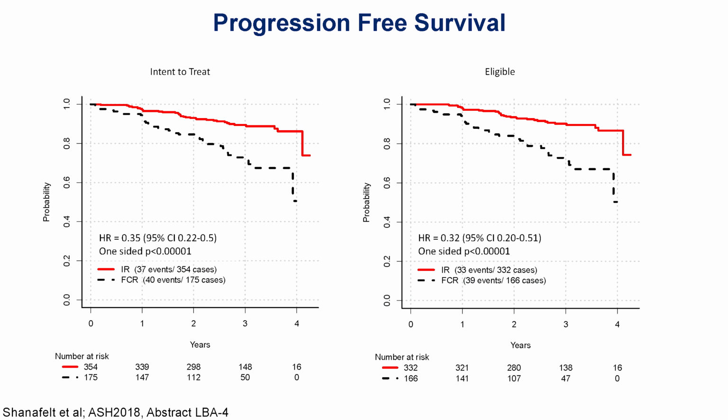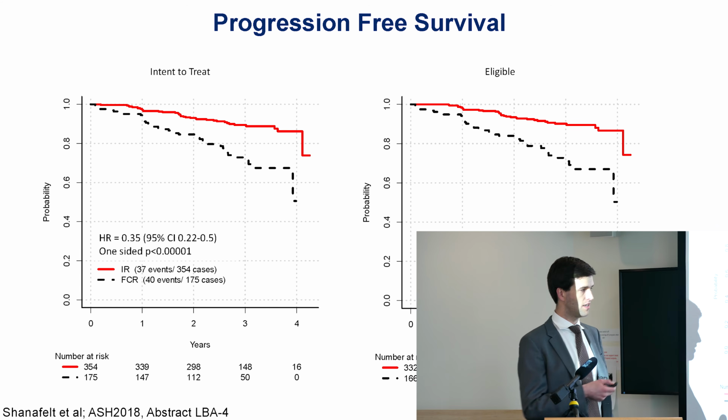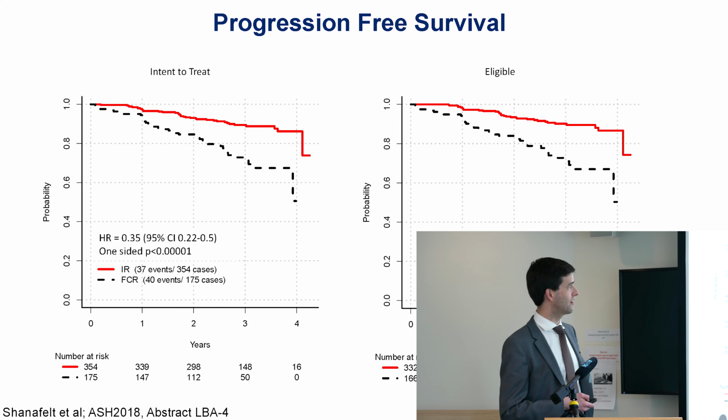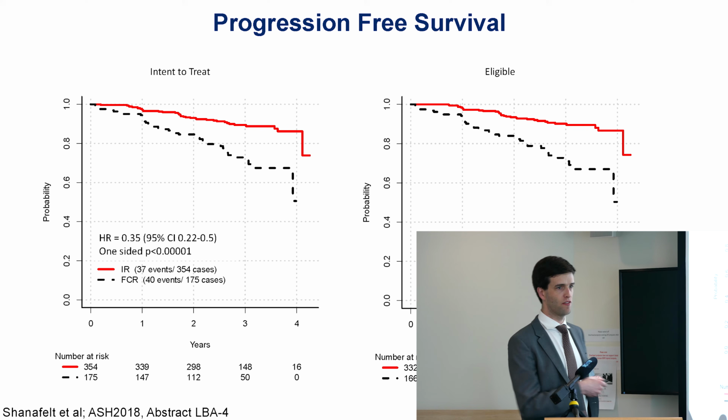And you can see the red is the Ibrutinib treated patients and the black is the FCR treated patients. So you can see that the Ibrutinib treated patients are having superior results. That's progression-free survival. So most of these events on the Kaplan-Meier curve are the disease got worse.